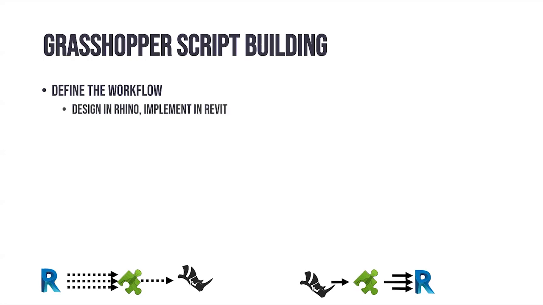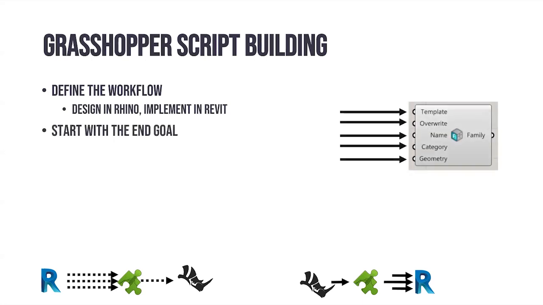It always helps to start with the end goal in mind. Work backwards from the inputs. What do we need to communicate in Revit? Categories, elements, materials, levels, etc. And what do we need from the Rhino and Grasshopper side?